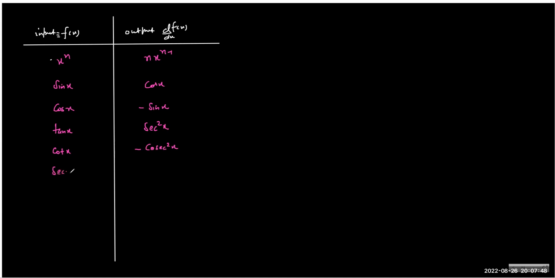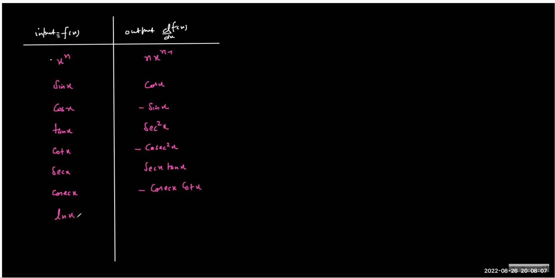If it is sec x, then the answer is sec x into tan x. And if it is cosec x, then it is minus cosec x into cot x. So many formulas.